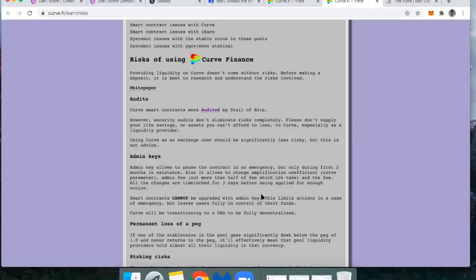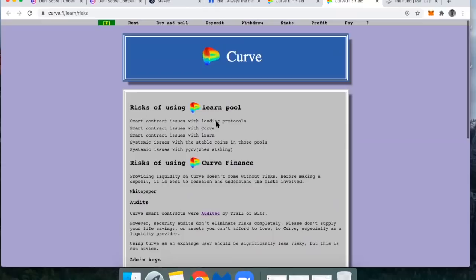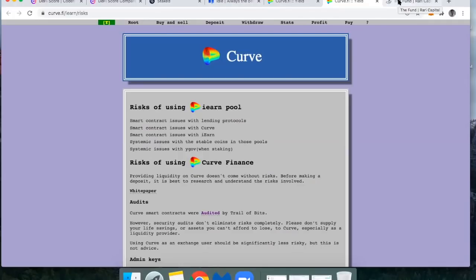So anyways, that's the sort of information that I'd love to know about any of these platforms. And so anyways, admin key risk is something I am conscious of with IDLE, Staked, and RARI. RARI especially being brand new, I'm sure all the usual sorts of admin key rights are there.